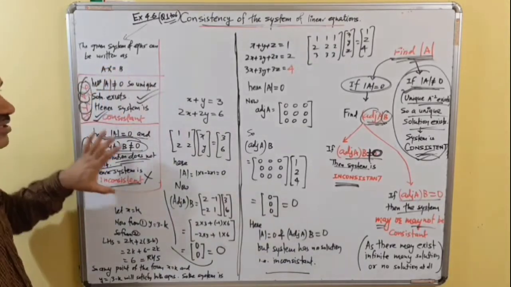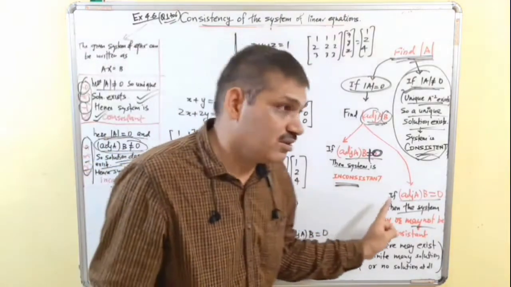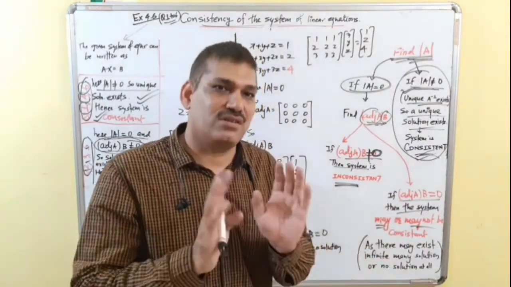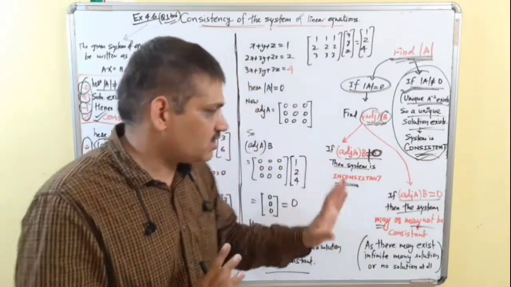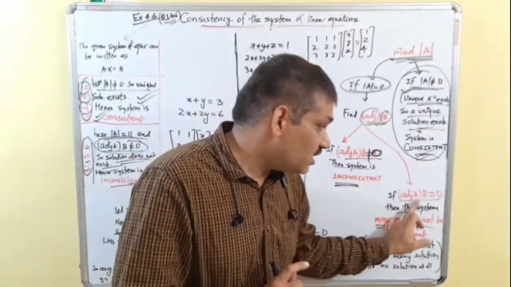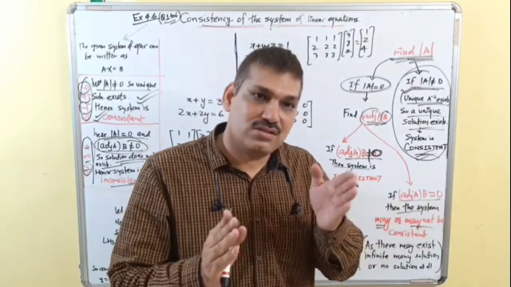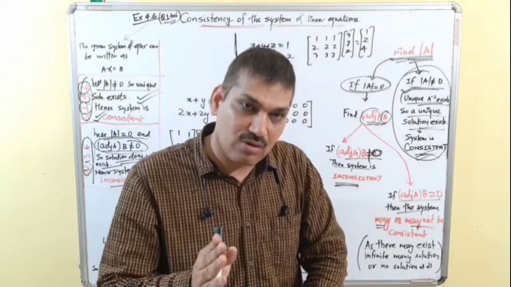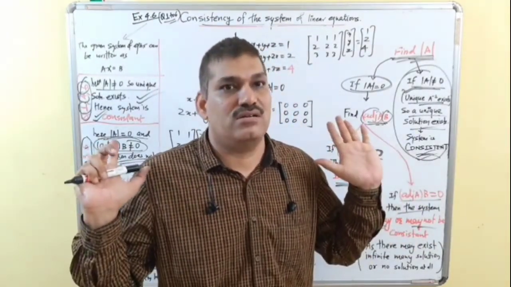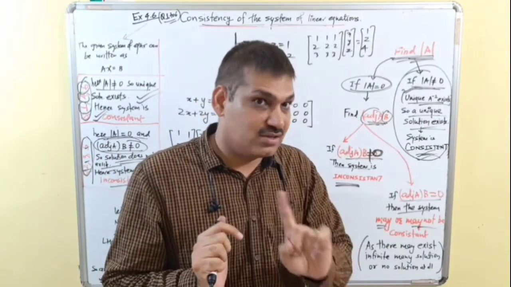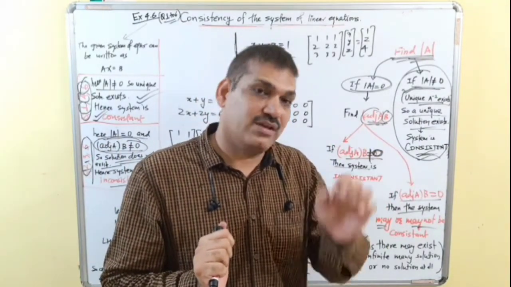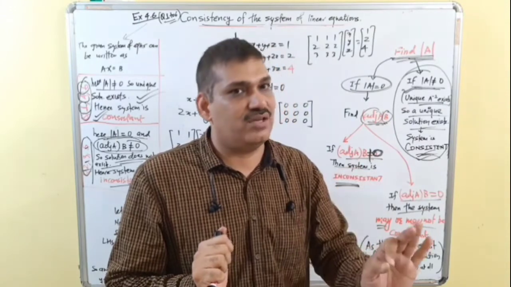But here is the most important point, which is not discussed in our textbook. Let's try to discuss it. If adjoint A into B is equal to 0, then the system may or may not be consistent. Mind it, it is not necessarily consistent. It may be consistent or may not be consistent.